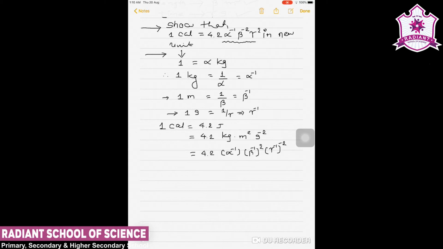Now we simplify this term and we get 4.2 alpha raised to minus 1, beta raised to minus 2, and minus minus will be a plus, that is gamma raised to 2. So this will be the new unit of calorie in the given terms.